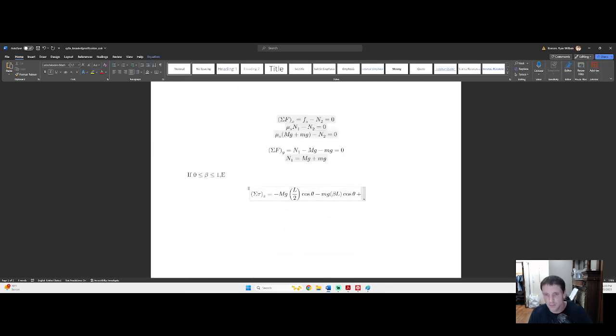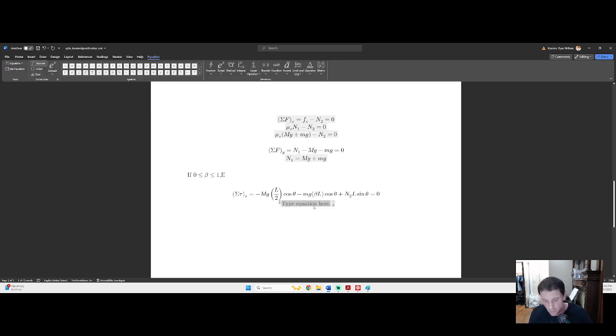So then plus N2 L sine theta. Okay. And this we want to be equal to 0, right? We want to demand that this is equal to 0. Yeah, so that's cool. Now we can go through and simplify this equation a little bit. We can cancel every L that we see, because those are common to every term in the equation. So we might as well just do that right now.